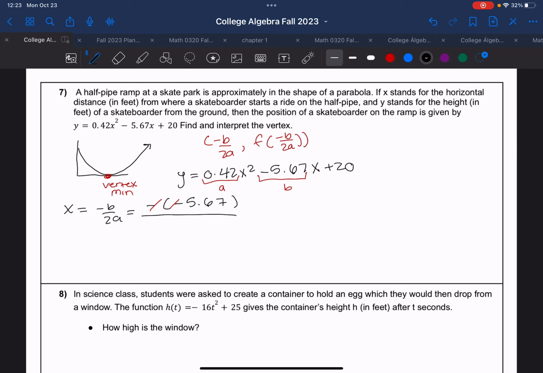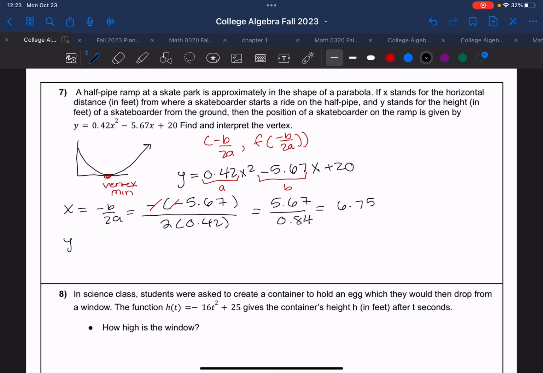And then 2 times a is 2 times 0.42. So that first one we said, okay, it's just going to become positive, and then that bottom one, 2 times 0.42 is 0.84. And if we plug that into our calculator, we get 6.75. Okay. So now we are going to take that number and plug it into our function.